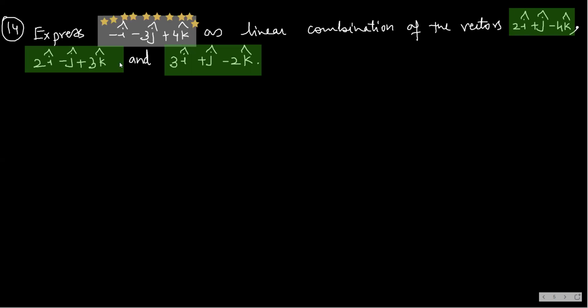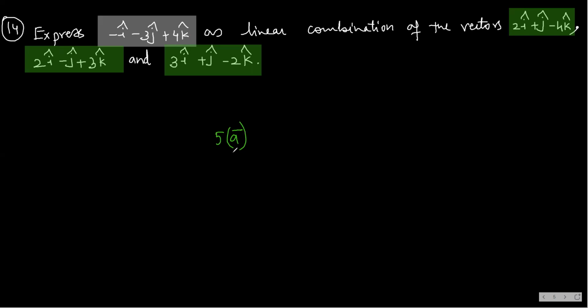Before I take up the solution of this question, I would like to say something about the linear combination of vectors. Students, you already know what is a scalar multiple of a vector. For example, if I write 5a bar, you know 5a bar is 5 times a bar.